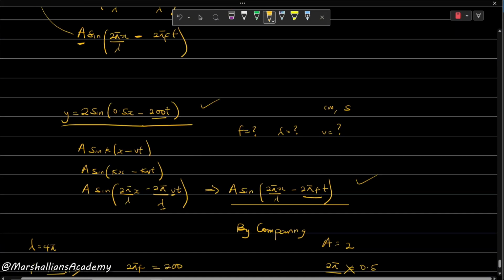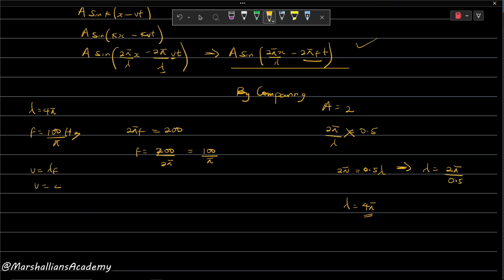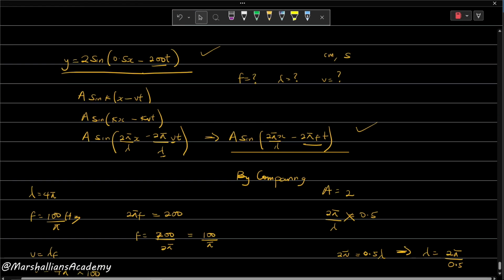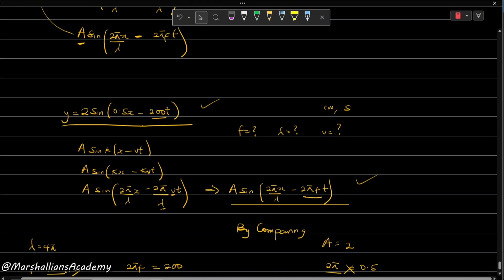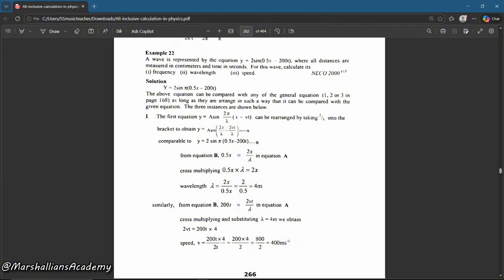And what's the last thing they say we should find? Velocity. V. Recall that V is equal to lambda f. Therefore, V is going to be equal to 4 pi times 100 over pi. Pi cancels pi, and V is equal to 400 meter per second. But it told us that all the units are in centimeter and second.